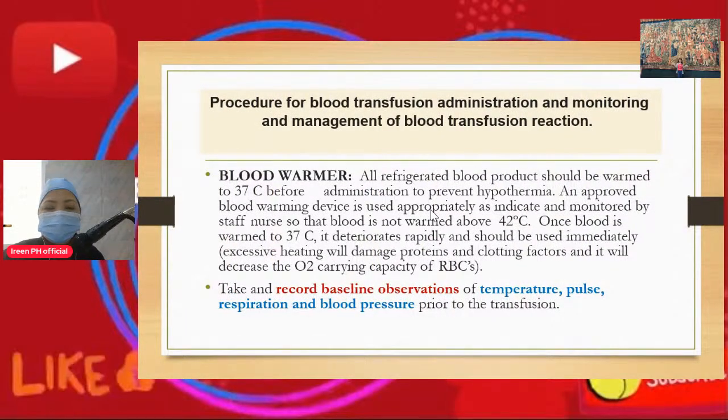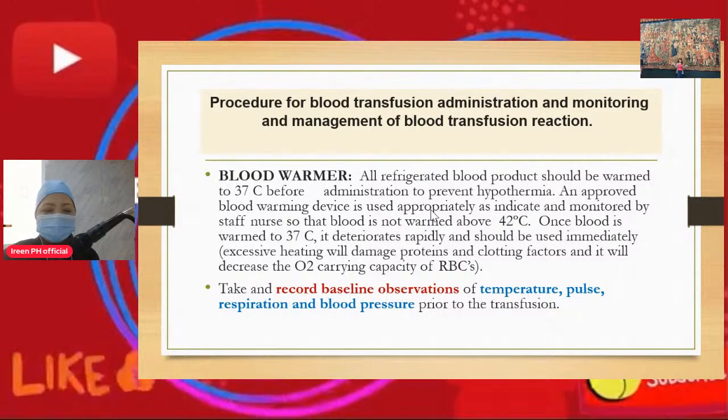Procedure for blood transfusion administrations and monitoring and management of blood transfusion reactions. The blood warmer. All refrigerated blood products should be warmed to 37 centigrade before administration to prevent hypothermia. An approved blood warming device is used appropriately as indicated and monitored by staff nurse so that blood is not warm above 42 centigrade.